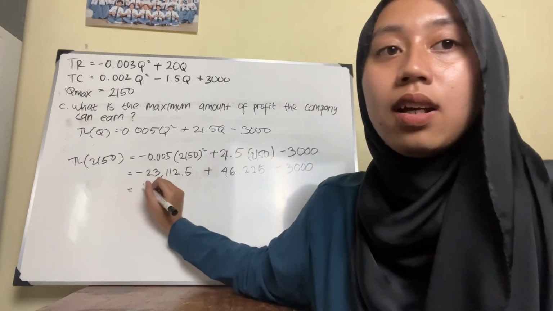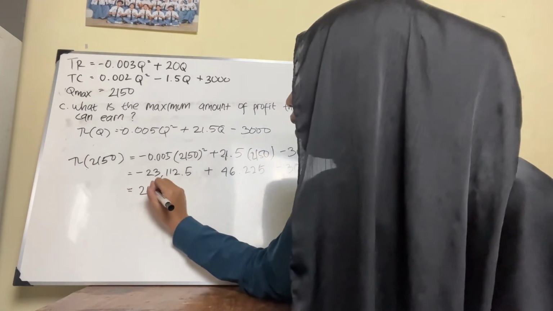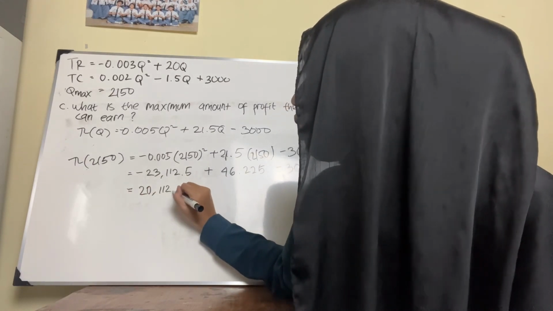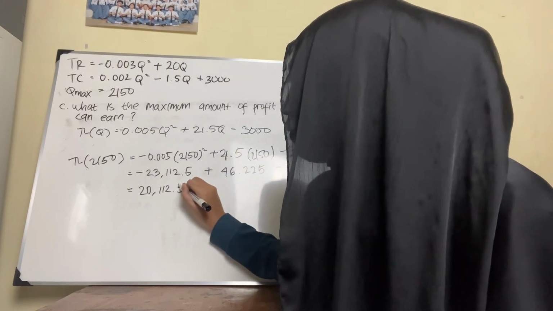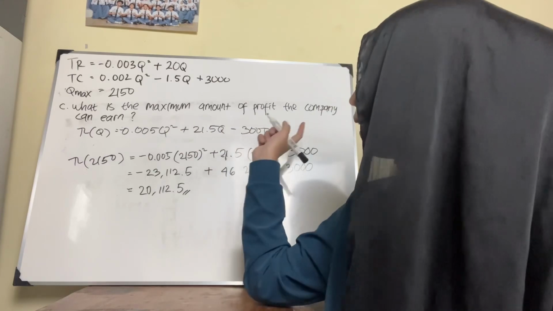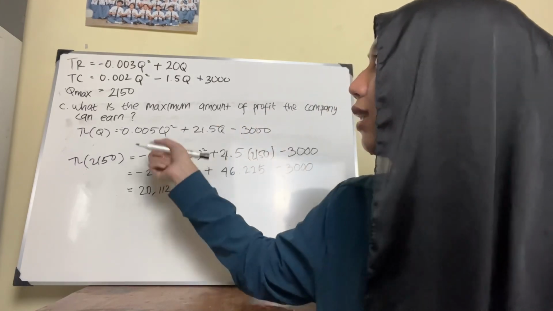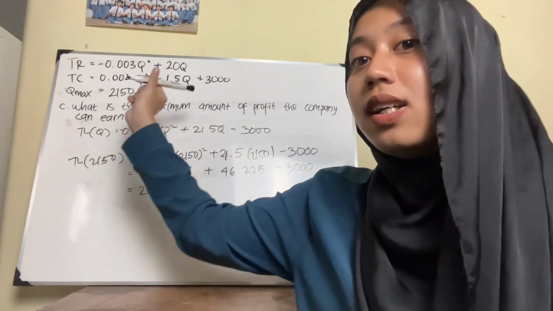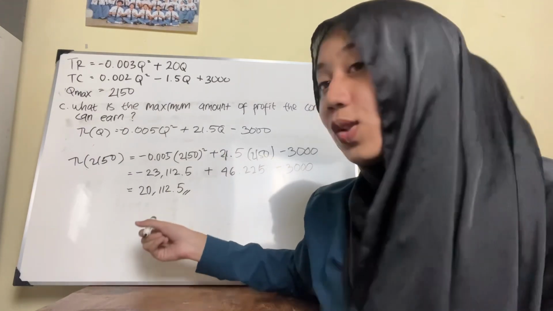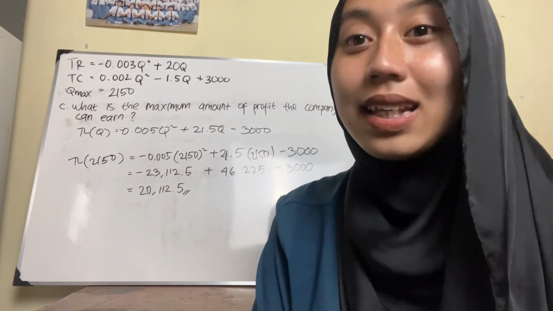It's 20,112.5. So the maximum profit that the company can earn when producing 2,150 shirts is 20,112.5. Thank you for watching.